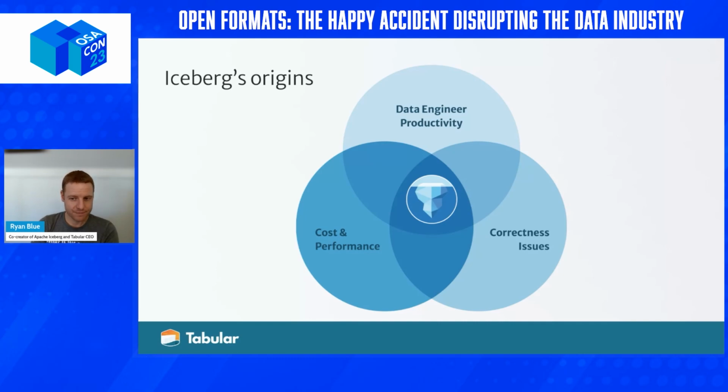We were plagued by a whole bunch of problems that basically took all of our time and effort. So the first big category of problems was simply correctness issues. In Hive tables and in the Hadoop era, we were plagued by correctness issues because you can't make atomic changes. You can't have ACID transactions or real database transactions if a lot of the state of your table is stored in a file system, which is exactly what Hive does.